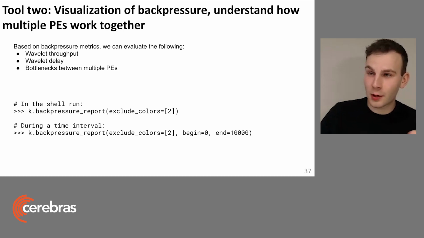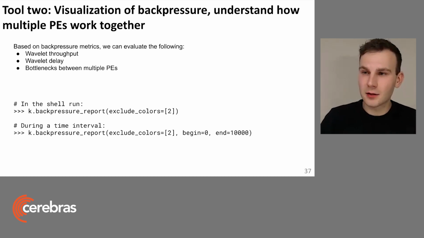For example, we know our algorithm at a certain cycle is at a certain point of an algorithm, and we now want to understand only during this part where is backpressure created, where is data not processed.